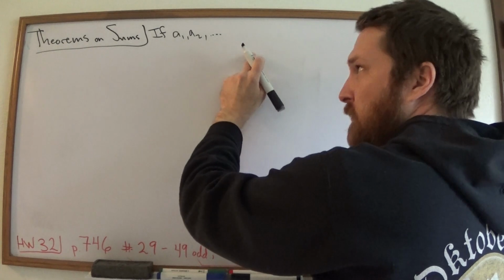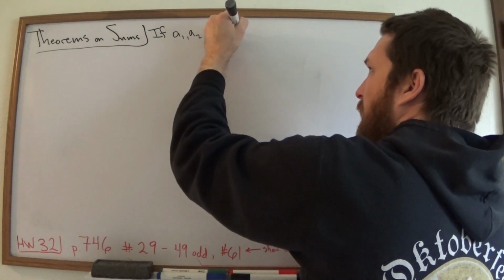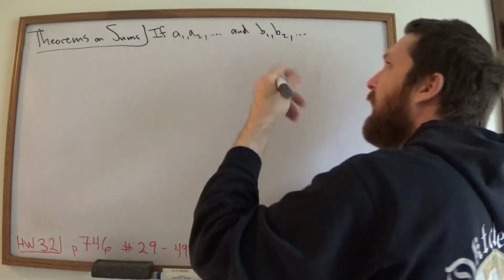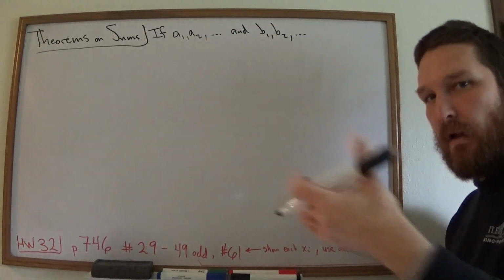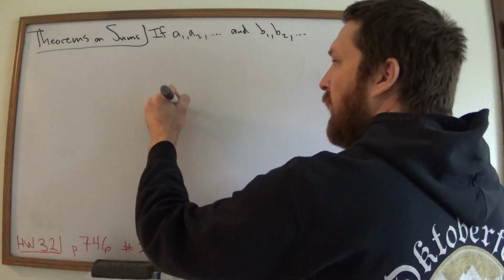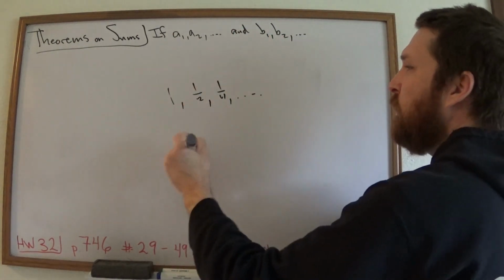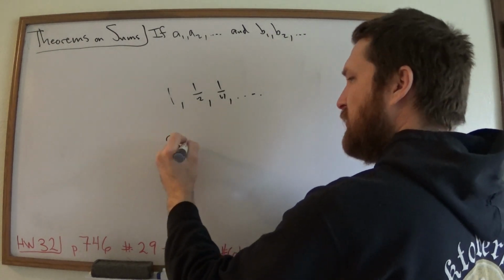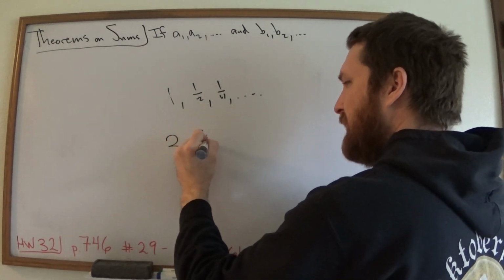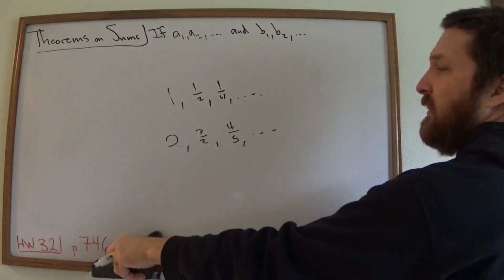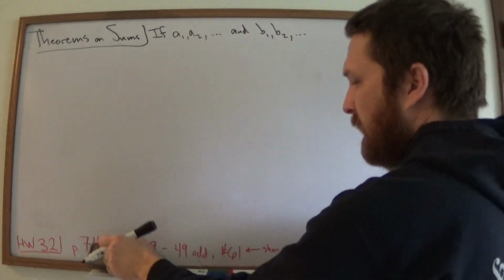If the sequence A1, A2, and so forth, and B1, B2, and so forth. So two sequences. Maybe it's 1, 1/2, 1/4, and so forth. And maybe B1 is 2, 3/2, 4/3, and so forth, whatever. Any two sequences, don't care which ones they are.